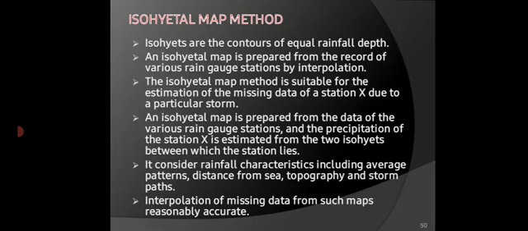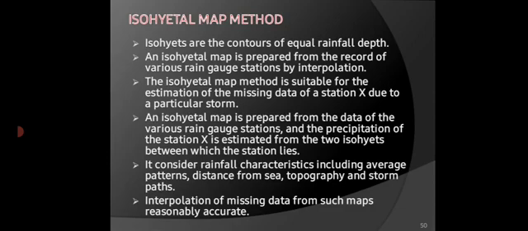An isohyetal map is prepared from the data of the various rain gauge stations and the precipitation at X is estimated. It considers rainfall characteristics including average patterns, distance from sea, topography, and storm path, right, and interpolation of the missing data from such maps is reasonably accurate.